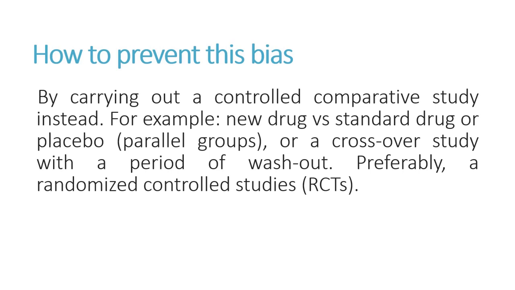You could also carry out a crossover study whereby each subject will receive both treatments. There is the new treatment followed by the standard treatment, and another group, the standard treatment followed by the new treatment. So you have two separate groups or study arms to compare, and this would help you prevent regression toward the mean bias.